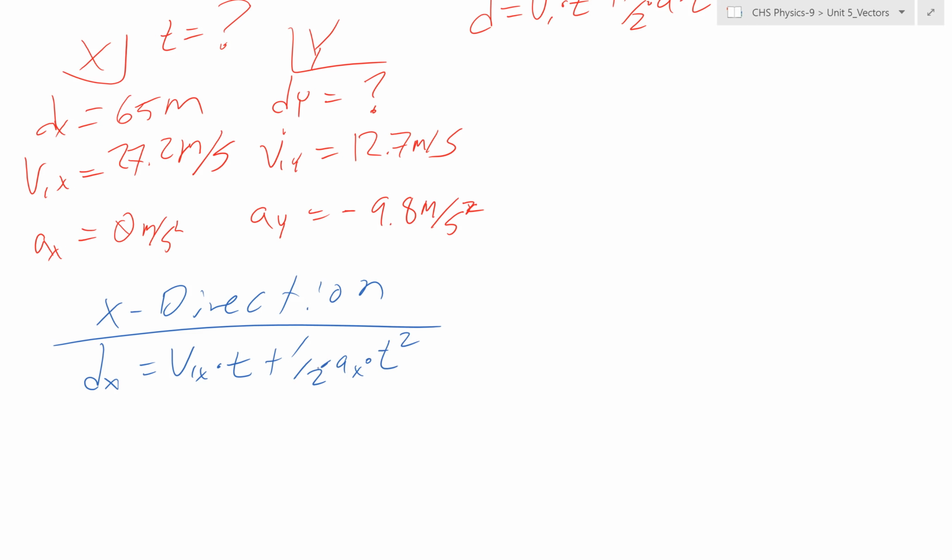We've got the displacement is 65 meters equals v1, which is 27.2 meters per second times t. And then this whole piece right here is going to be 0 because the acceleration is 0 meters per second squared. All of that goes away and equals 0.